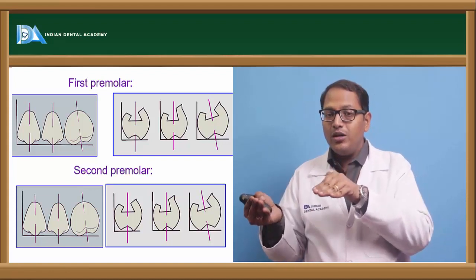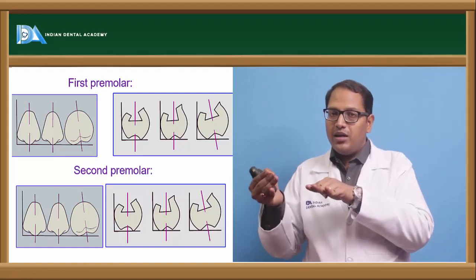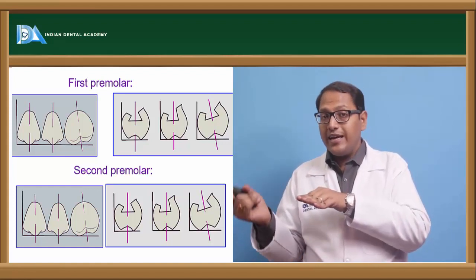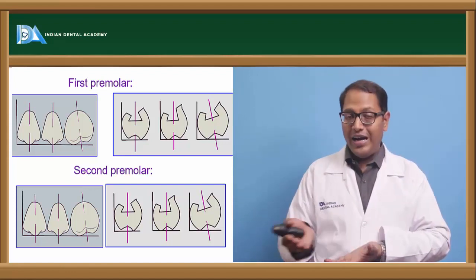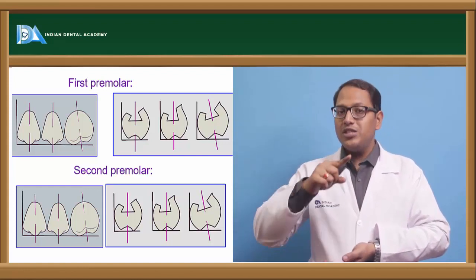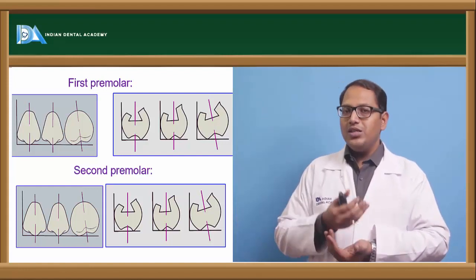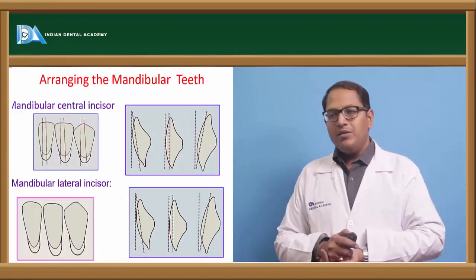Then coming to the second molar, the mesiobuccal will be 0.4 to 0.5 mm. Coming to the distobuccal of the second molar, it will be much higher, around 0.7 to 1 mm from the glass plate. This is how we follow the curve of Spee, which goes from down towards up. That is the reason you need to follow these kinds of arrangements in the maxillary teeth.